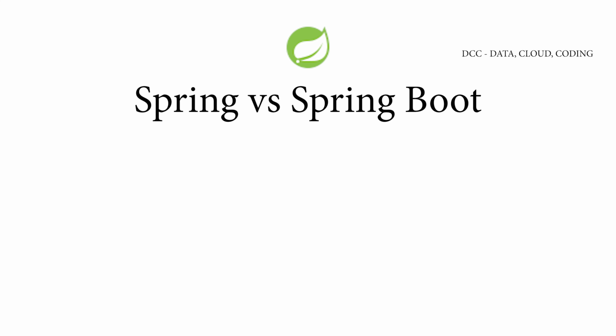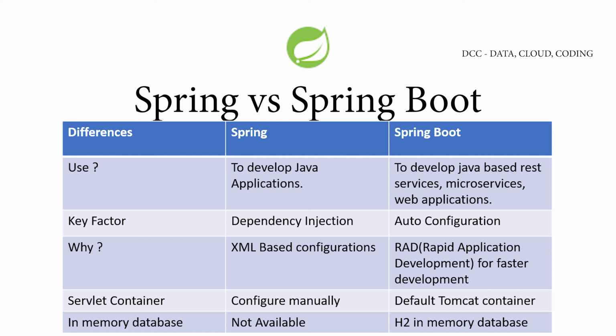Spring is basically based on XML based configurations, and Spring Boot is based on RAD, standing for Rapid Application Development, for faster development. Talking about servlets, in Spring we have to manually configure any servlet container if we wish, and in Spring Boot it comes with a default embedded Tomcat container which we can specify to be Jetty also if we wish.